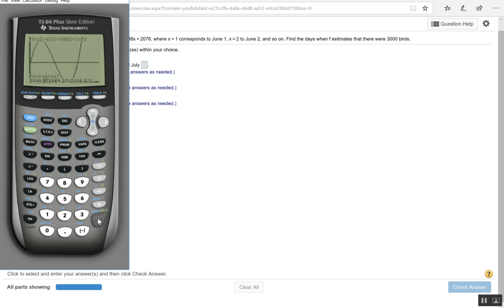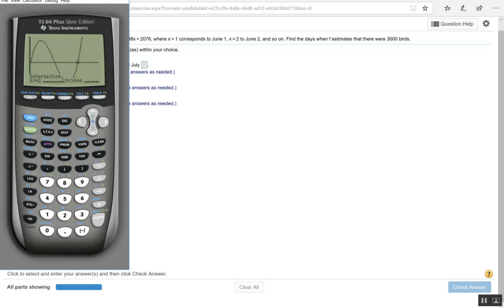Once I have it there, I click enter, and it moved onto the second curve, which is the line. That's good. Click another enter and then another enter. Now this happens for day 42. Since June has 30 days, day 42 means it's in July 12, right? So the population reaches 3000 again on day 42, which is July 12.